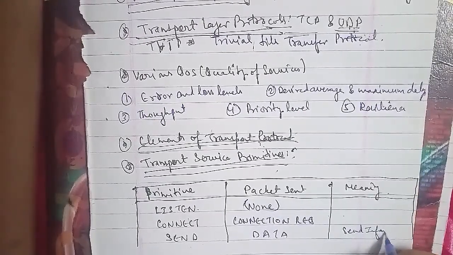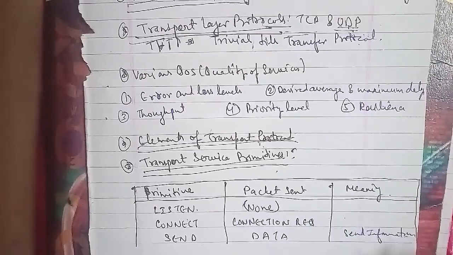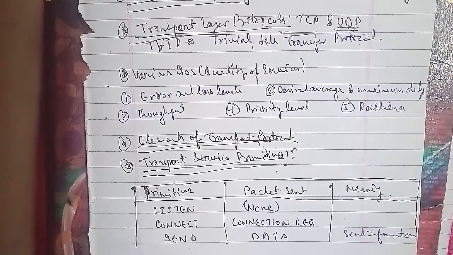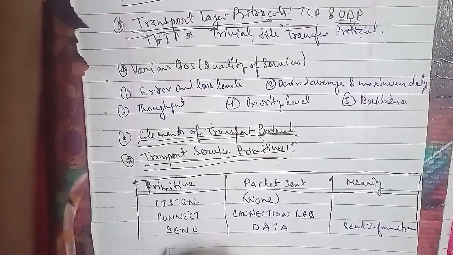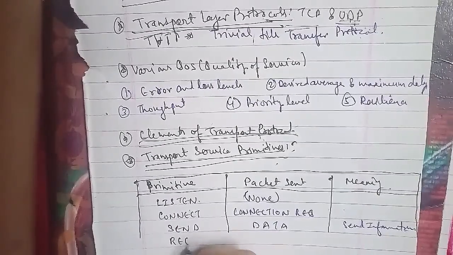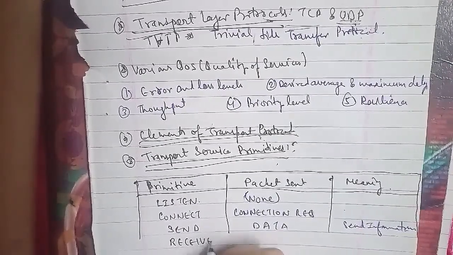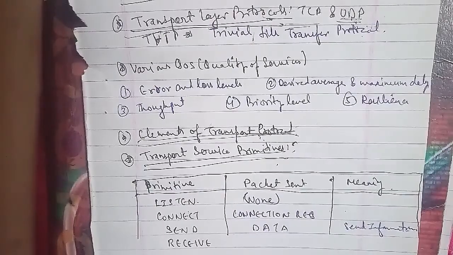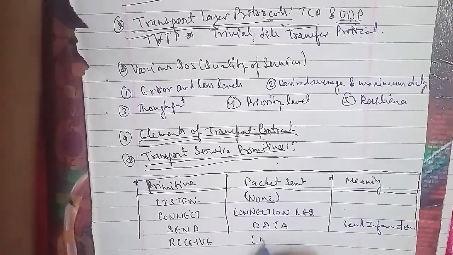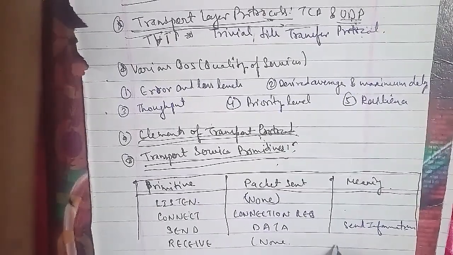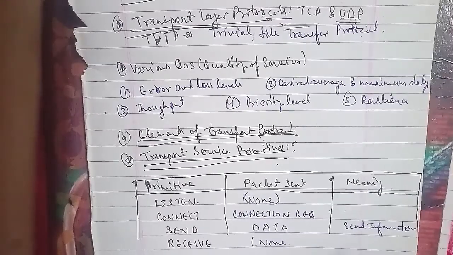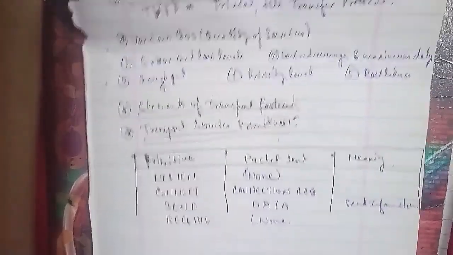Okay, so with reference to the client, the connect call causes a connection request, that is a TPDU, to be sent to the server. When it arrives, the transport entity checks to see that the server is blocked on listen, and it then unblocks the server and sends the connection accepted TPDU back to the client.